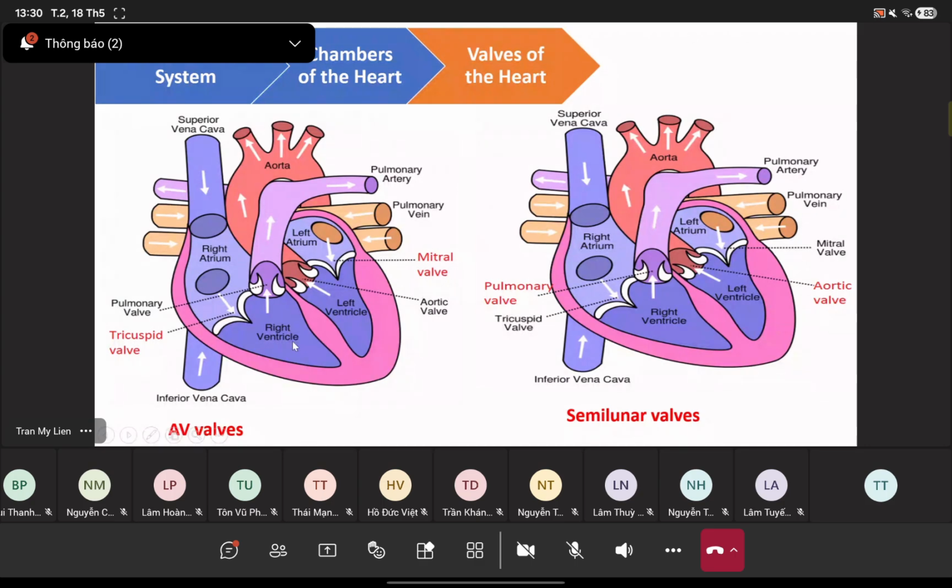Four valves of the heart, including the AV valves and semilunar valves.